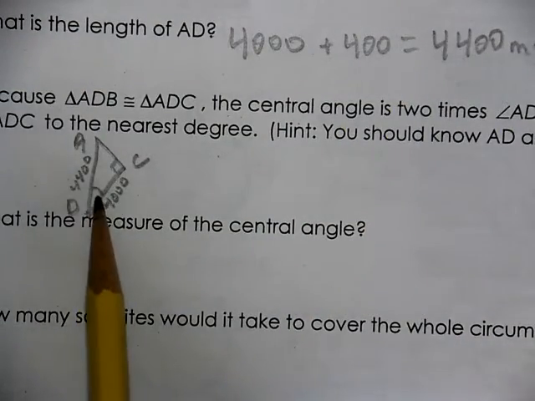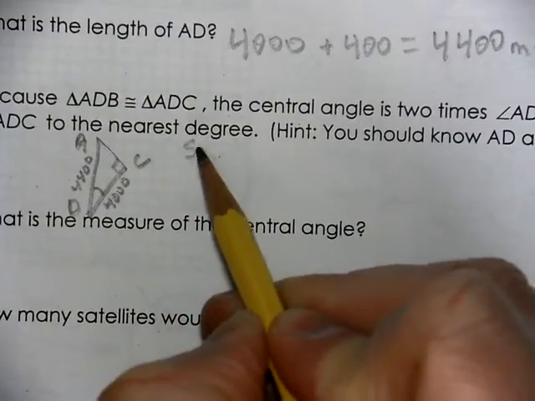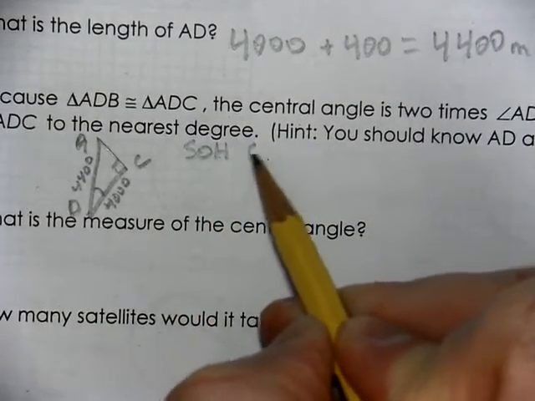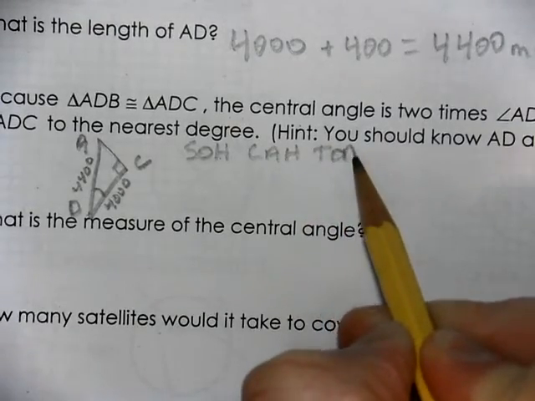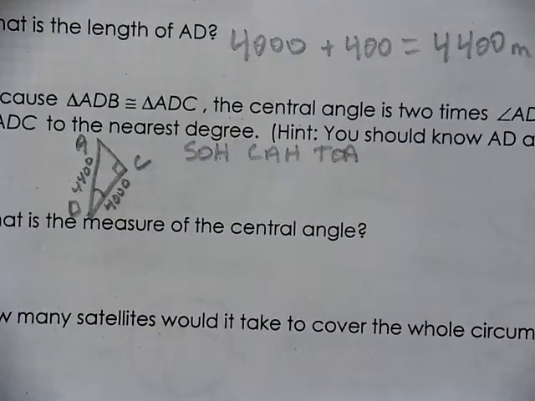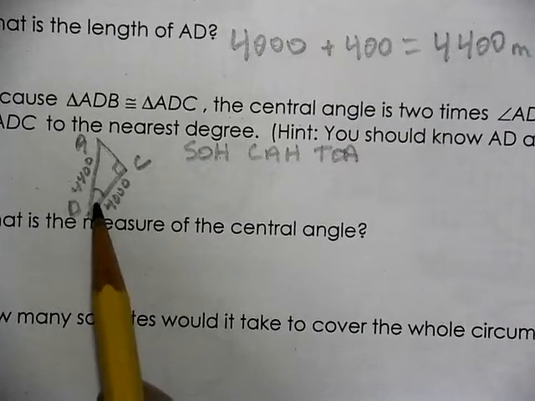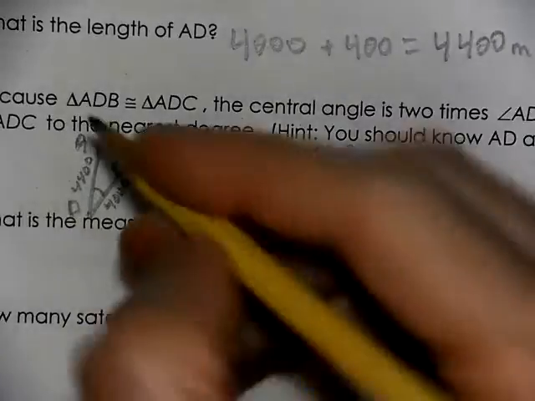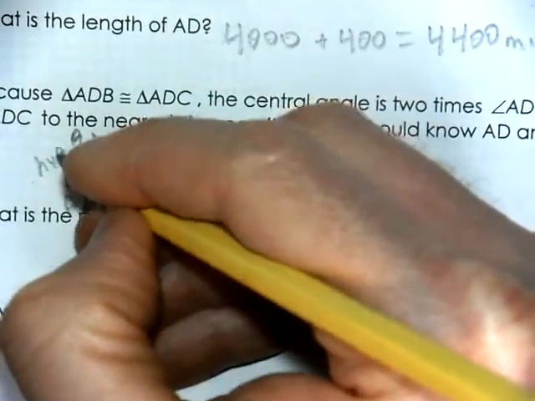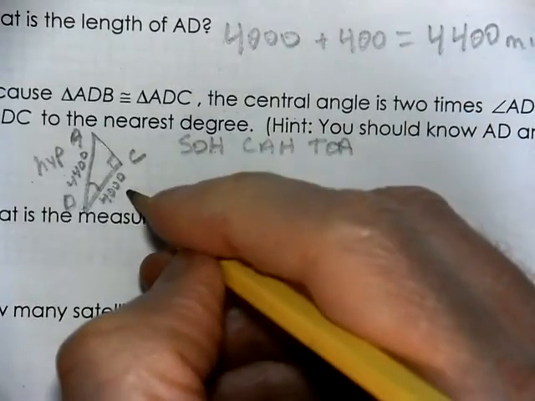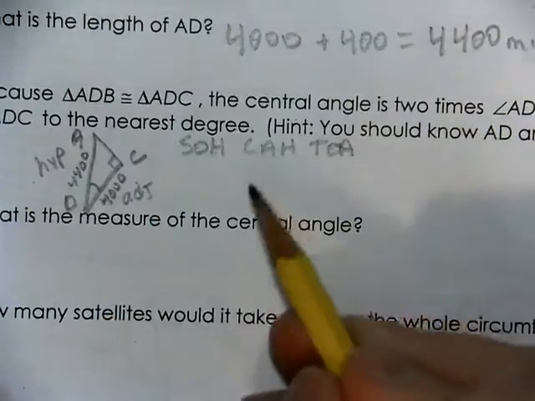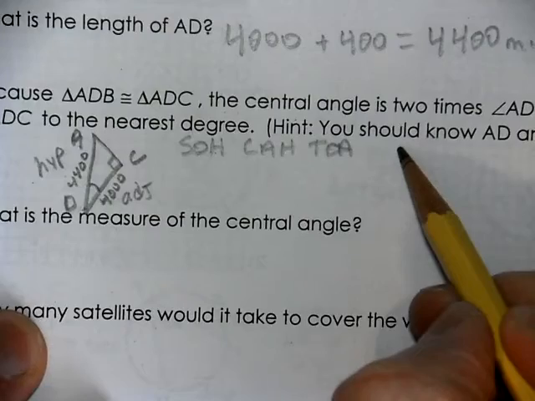So which trig function are we going to use? Remember, we're talking about SOHCAHTOA. Across from the 90 is the hypotenuse, and the side next to the angle we're talking about is called the adjacent, so we're going to use cosine.